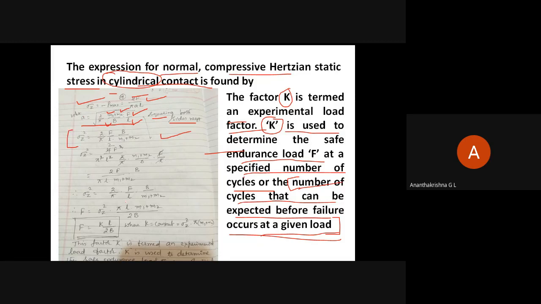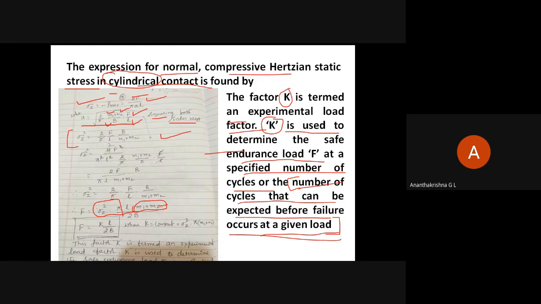Simplifying, we arrive at F equal to sigma z square times pi into L, with M1 and M2 taken out and replaced by another constant, because M1 and M2 depend on Poisson's ratio and Young's modulus. Sigma z we have found out, and pi is a constant.